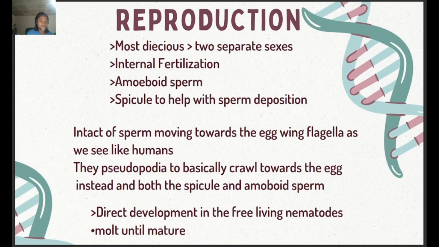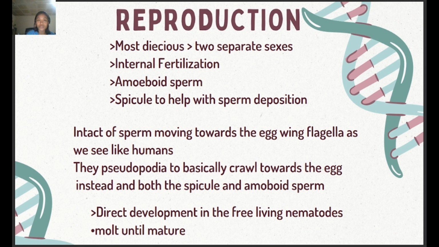And the next is reproduction. So how do roundworms reproduce? Just like humans, most roundworms are dioecious, or they have two separate sexes, which means sperm and eggs are produced by separate male and female adults.